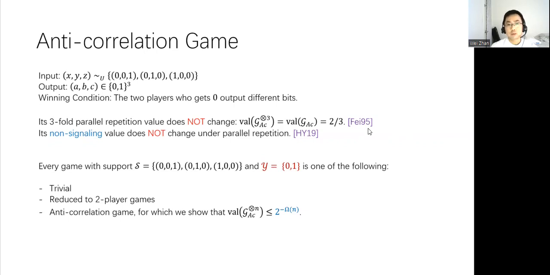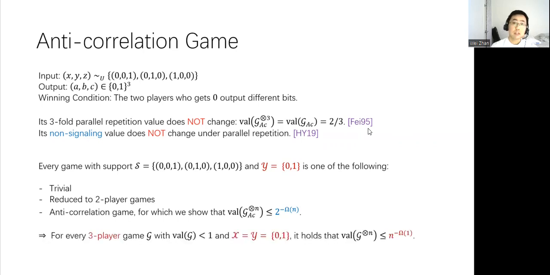Therefore, after we show the exponential decay for the anti-correlation game, the exponential bound actually holds for every game with the support and binary output. Combined with the case analysis that we did earlier, it implies a polynomial bound for every 3-player game with both binary inputs and binary outputs.